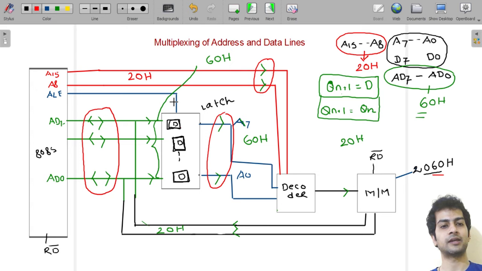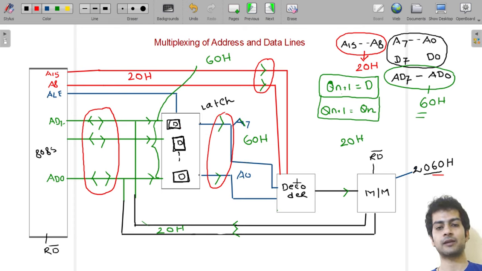This ALE will energize all my D flip-flops, and as a result, this 60H, which was latched with AD7 to AD0, will come here at A7 to A0, and this 60H will come to the decoder.